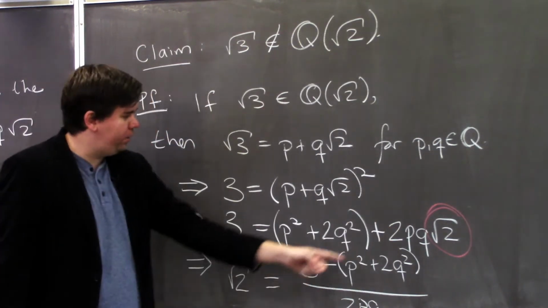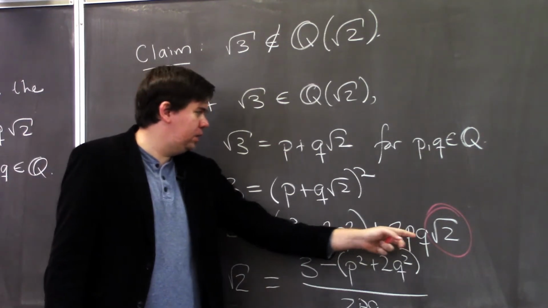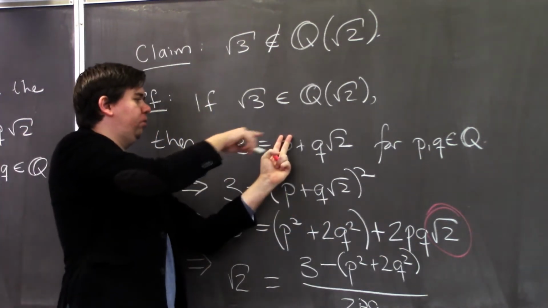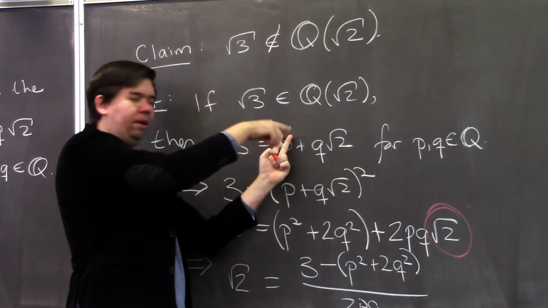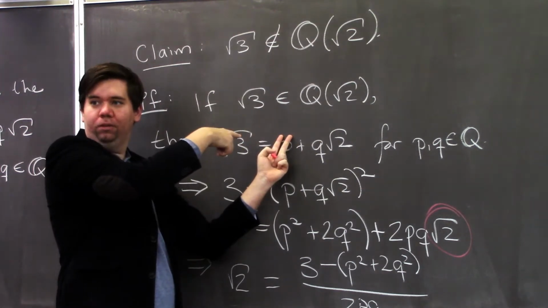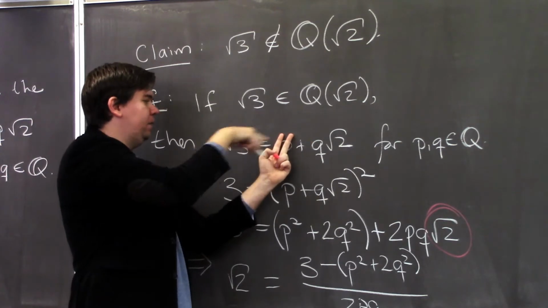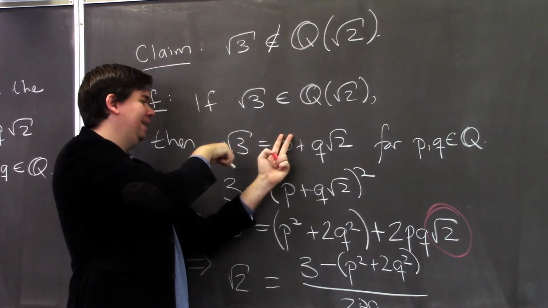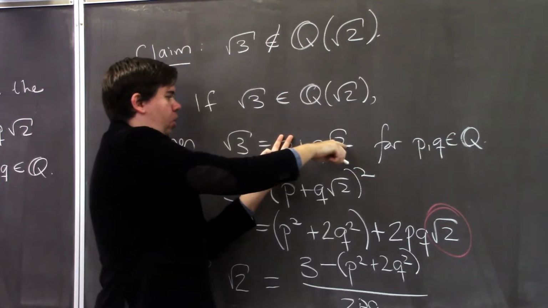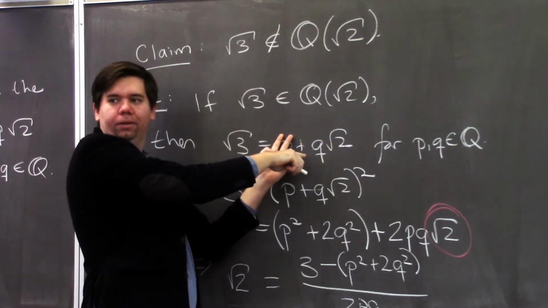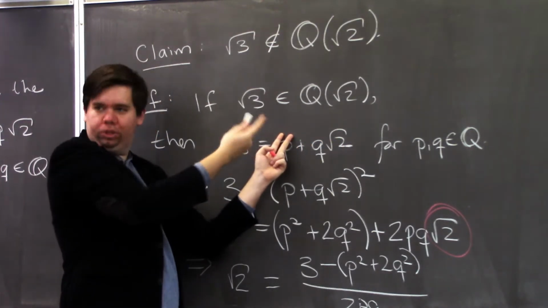Well, you should check really fast. If p is 0, then you would have that root 3 is q root 2, and you would have to quickly check that that would be a contradiction, right? If p is 0, it would be something of this form. But then if I square both sides, I get that 3 is 2 times q squared, which would mean 3 is even, which is a contradiction.